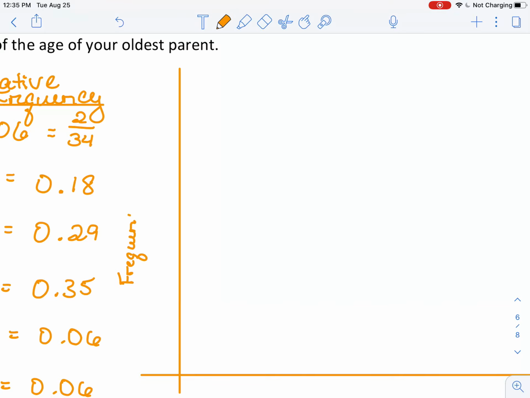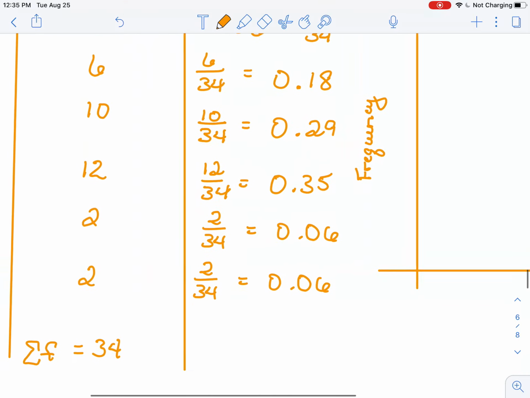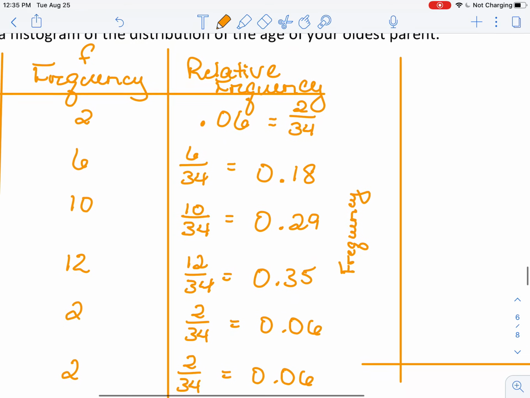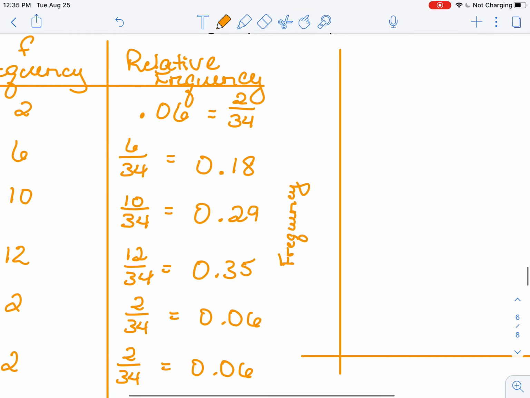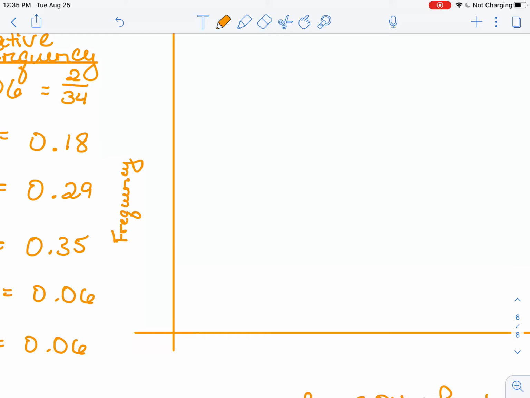I'm going to put in counts. So the answer I got when I just counted those numbers. So it goes all the way up to 12, and they're all even numbers, so that's kind of helpful. 2, 4, 6, 8, 10, 12. The increments you use are kind of irrelevant as long as they are equally spaced and labeled.